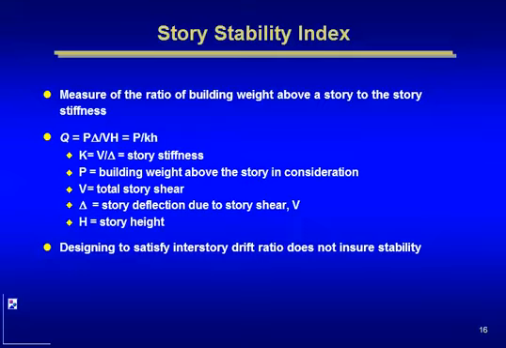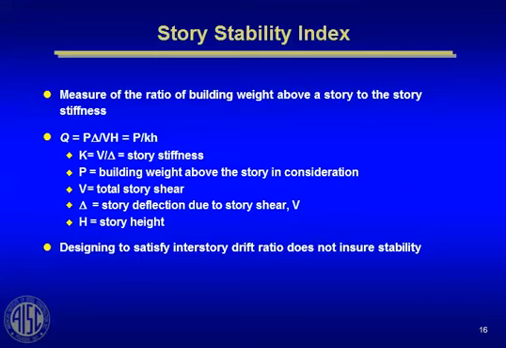So we talked about the story stability index, Q, as being P delta over VH. It's important to understand that just because you have a drift limit and you design for a certain drift limit under wind load, that doesn't necessarily guarantee that you don't have a story stability problem. Why is that?